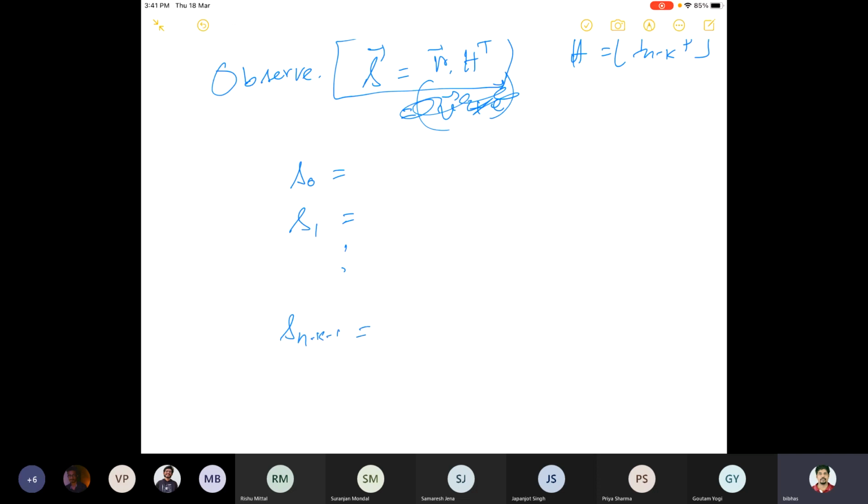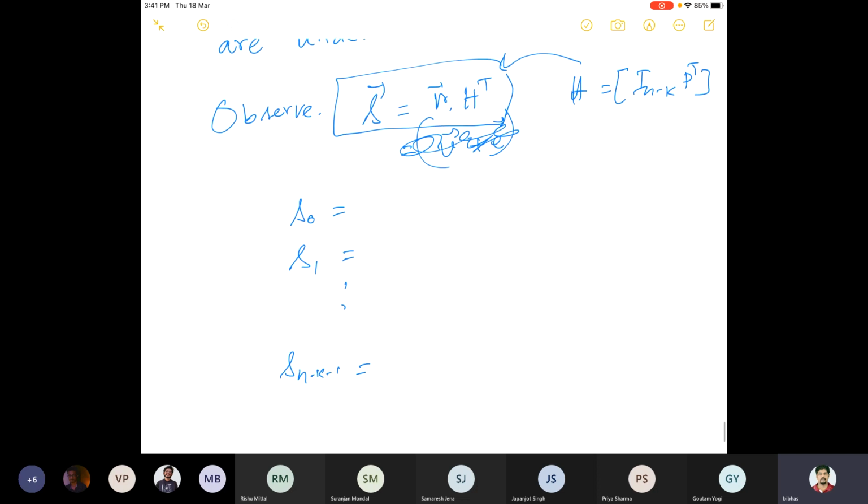R is R0, R1, dot dot dot, R n minus 1. If we multiply this with H transpose, H transpose will be nothing but I n minus k and P here.